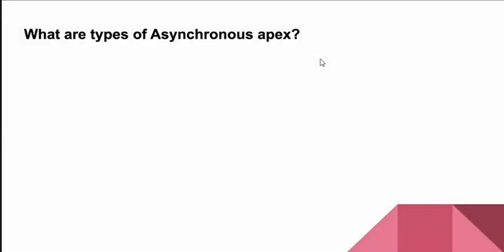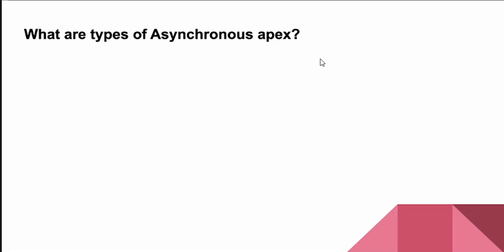What are the types of asynchronous apex? So the types of asynchronous apex are batch, future, queueable, and schedulable. Do you want me to explain in detail how they work? Yes, please. Okay.